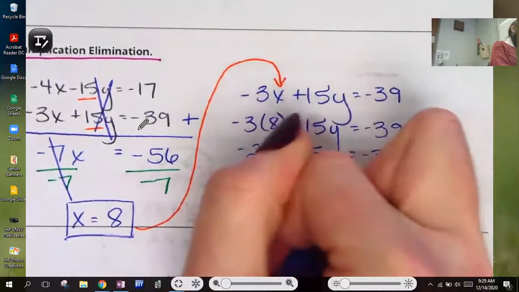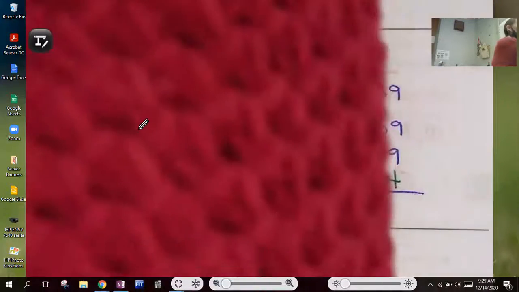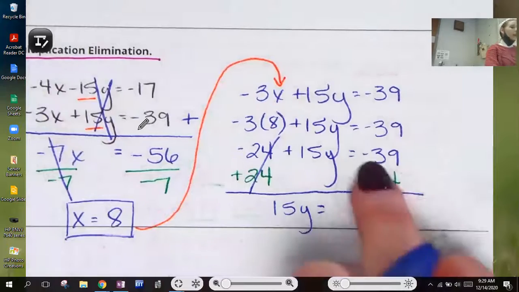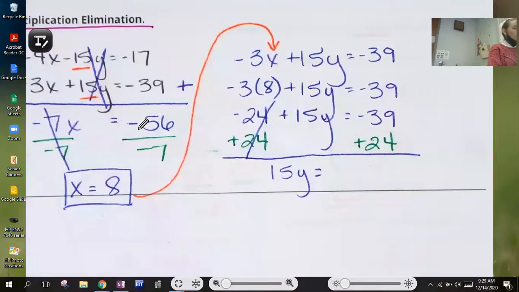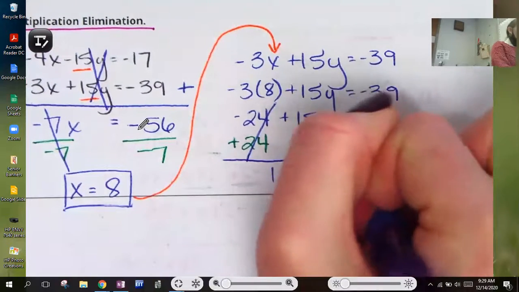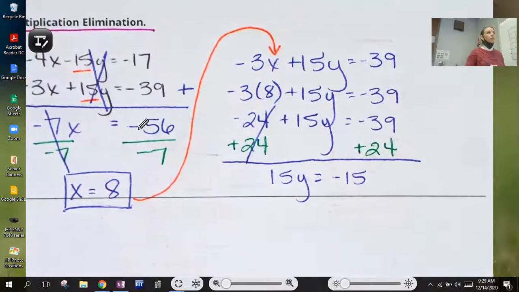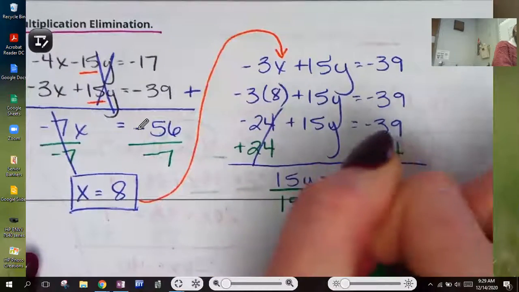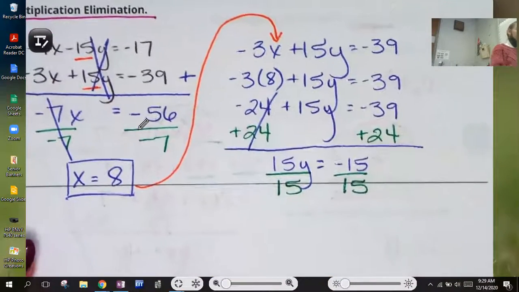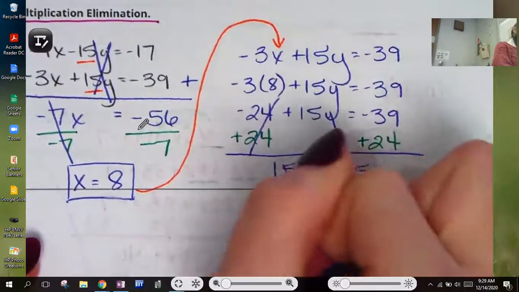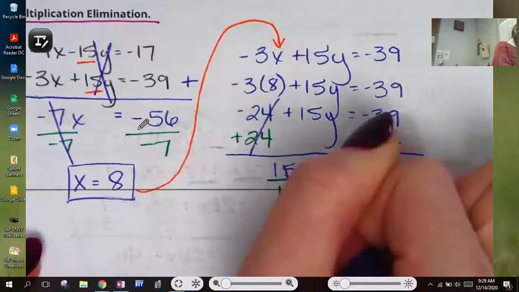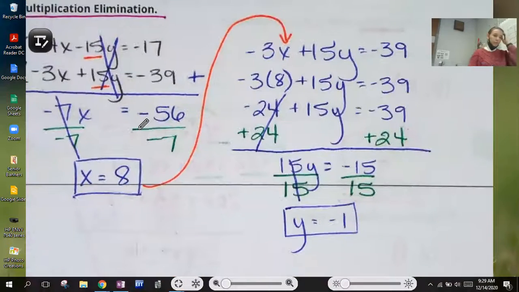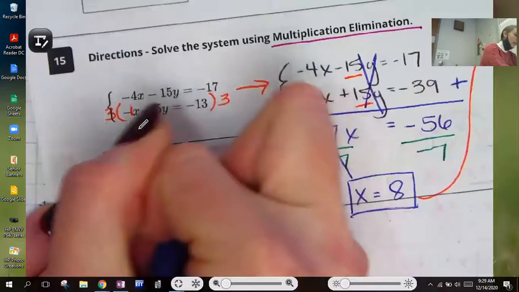I have 15y equals negative 39 plus 24. What do I get? Negative 15. How do I get that y all by itself? Divide by 15. If I do it to one side, gotta do it to the other side. So y equals negative 1. So that is the solution right there.